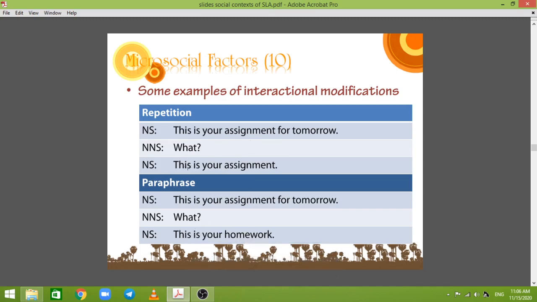So in terms of interactional modification, the native speaker tries to repeat what they said in the previous utterance. And paraphrase: NS: This is your assignment for tomorrow. NNS: What? NS: This is your homework. So homework is the paraphrase or restatement of assignment.